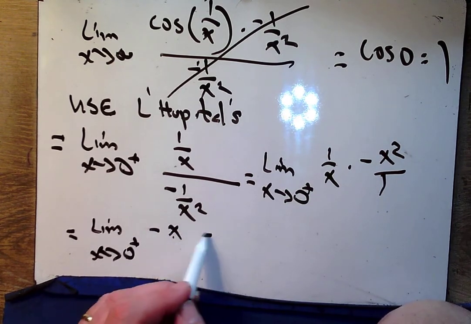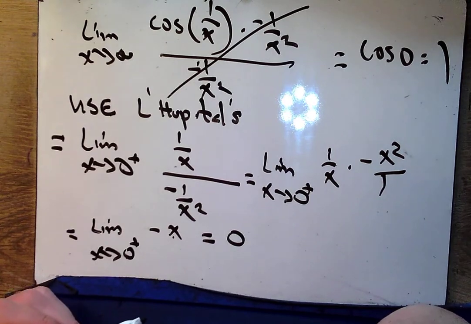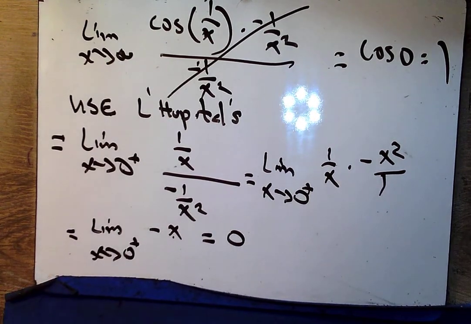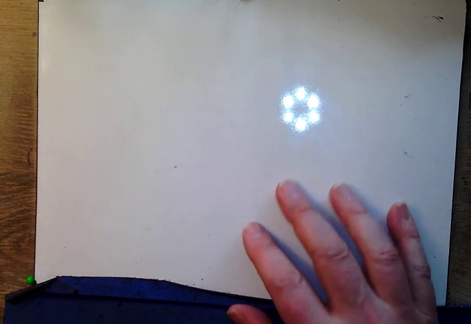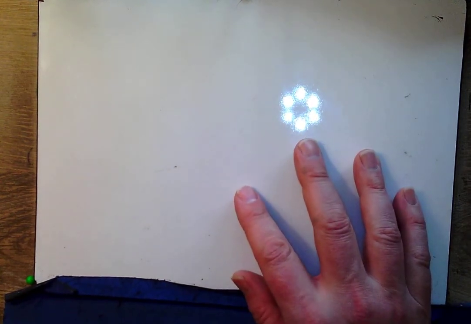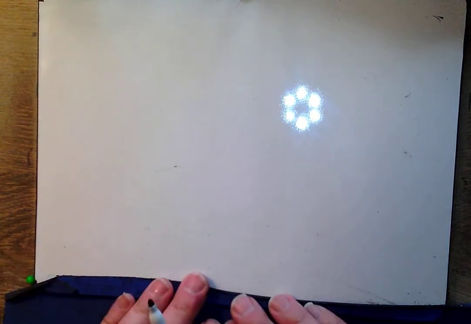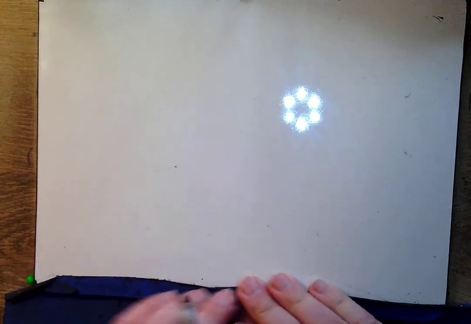So if I plug a 0 in there, I get 0. Okay? I do want to say that this stuff about these limits, especially limits involving infinity, is going to be kind of important in Calc 2 when we're talking about convergence and p-tests.